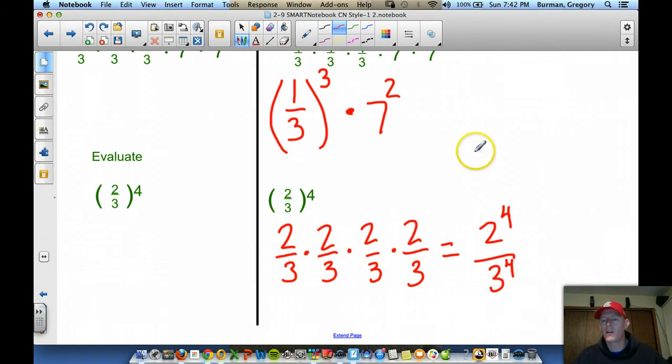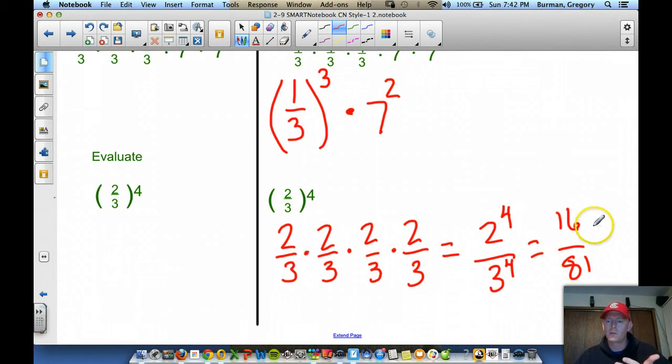And then I could do the math here. 2 to the fourth power, see, 2 times 2 is 4, 4 times 2 is 8, 8 times 2 is 16, so my numerator is 16. 3 times 3 is 9, and there's another 3 times 3 is 9, so that becomes an 81. So that would be us simplifying, and then we would reduce if we could.